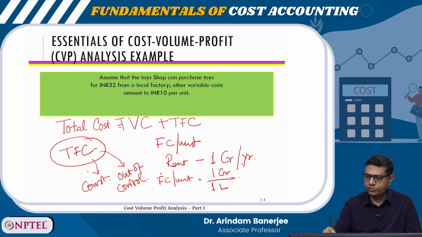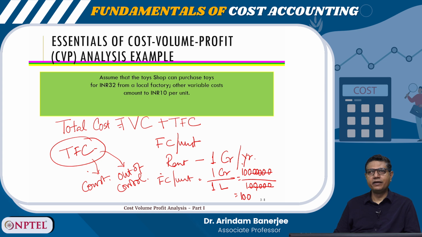So, it comes to how much? 1 crore divided by 1 lakh, so 100. So, fixed cost per unit is 100, right.